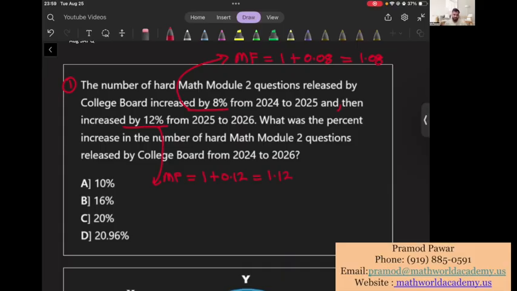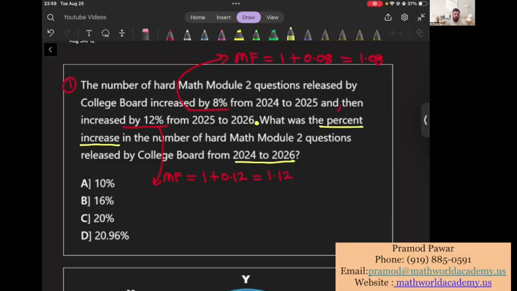So both changes are going to have their own corresponding multiplication factors. And the question is asking you, what's the total percentage increase? What's the percentage increase from 2024 to 2026? So it's asking us to combine both of those percentage changes.